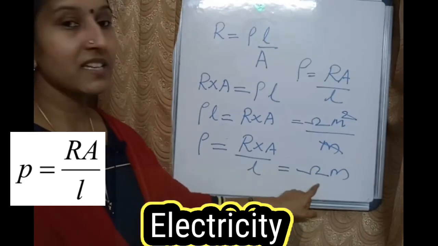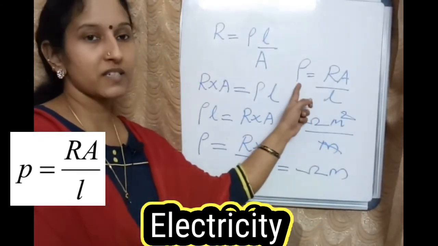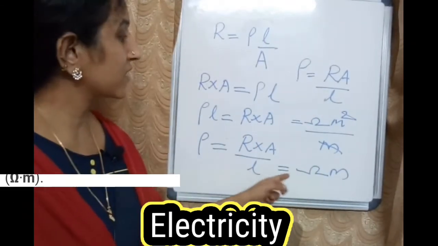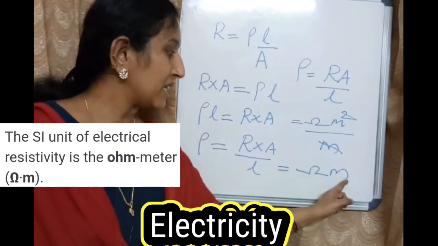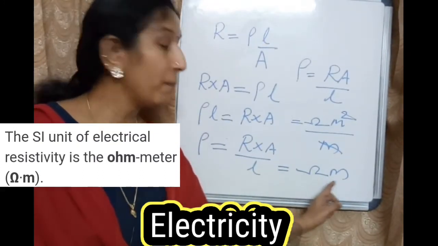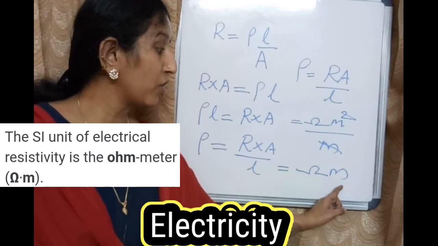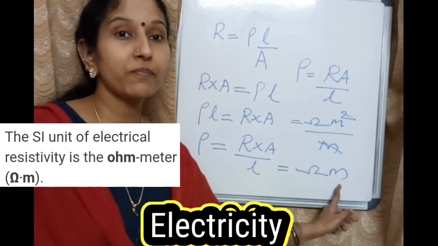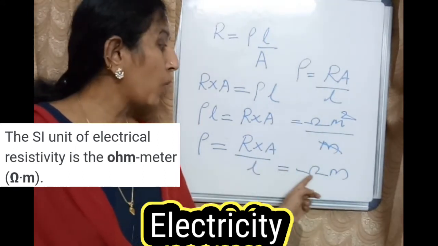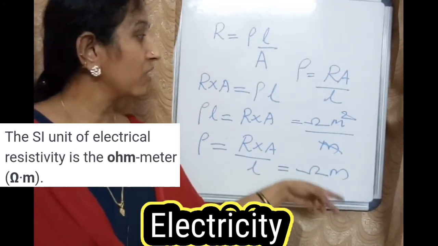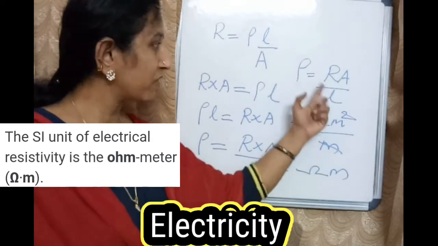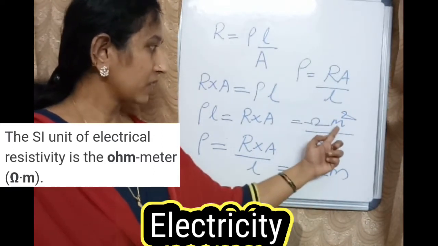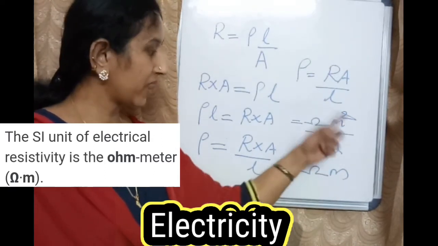So what is the SI unit of resistivity? Ohm meter. How did we get that? First we give the SI units of these: ohm, meter square, meter. So one meter cancels.